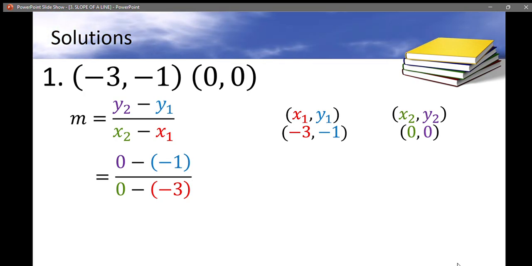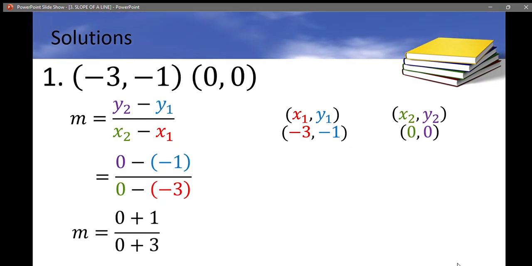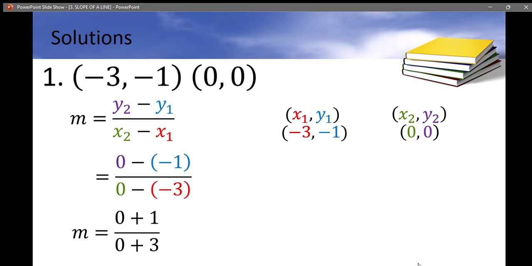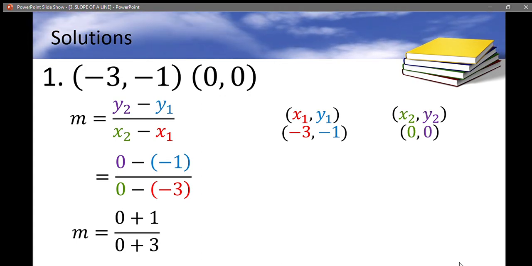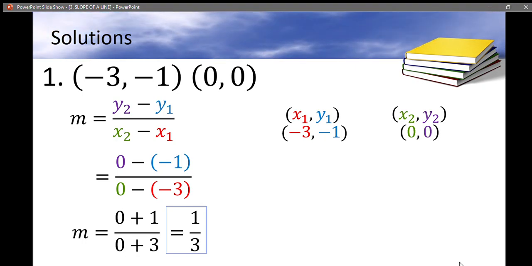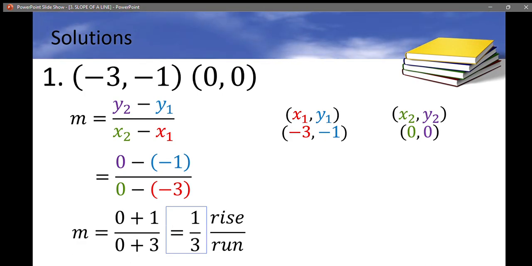Apply the rules of subtraction of integers, so m is equal to 0 plus 1 all over 0 plus 3. That is equal to 1 over 3. So our rise is 1 and our run is positive 3.